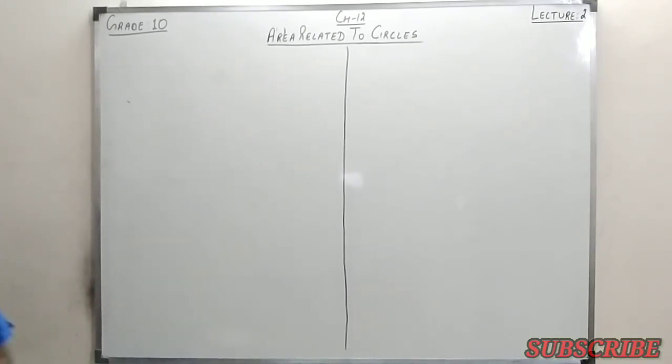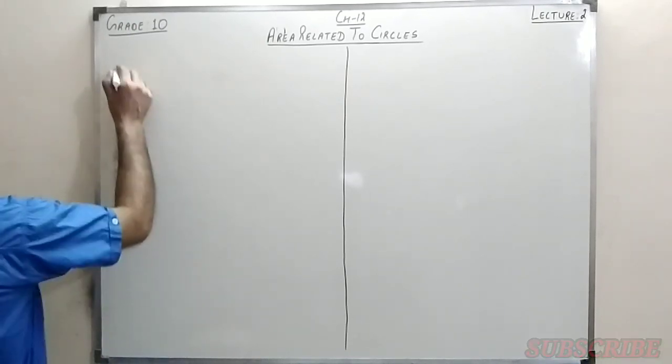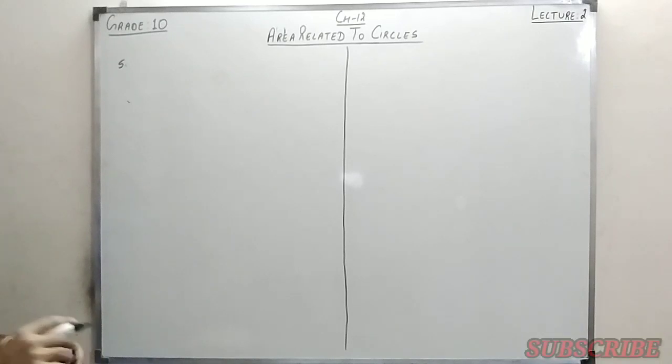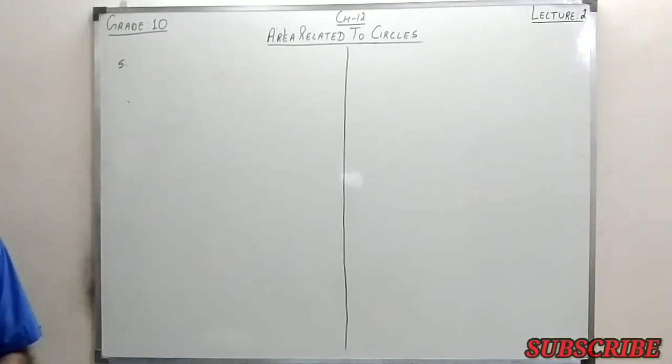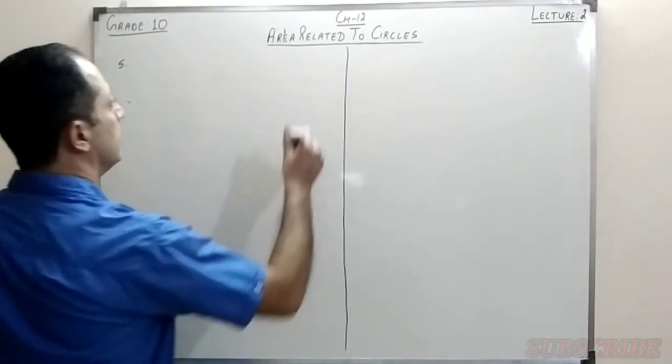Now in the fifth question it is given, in a circle of radius 21 cm, an arc subtends an angle of 60 degree at the center. Again, as I said, the diagram is very important in these questions. Let's draw the diagram for this question first.